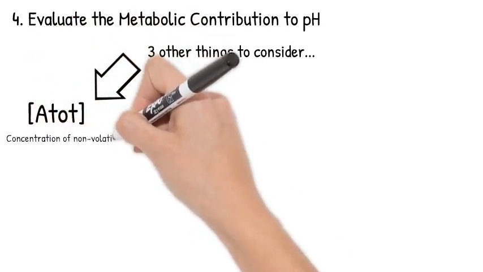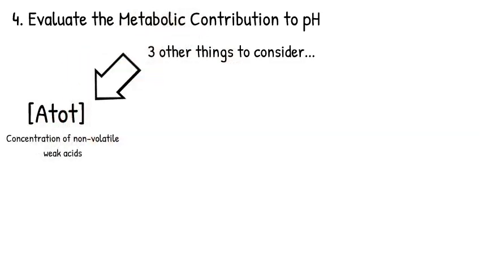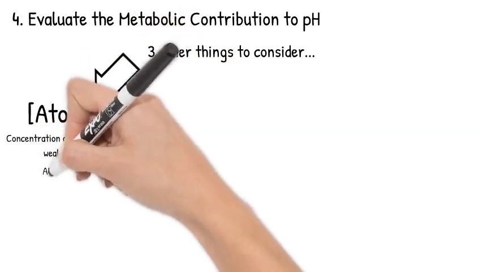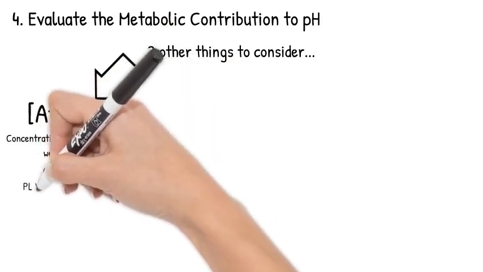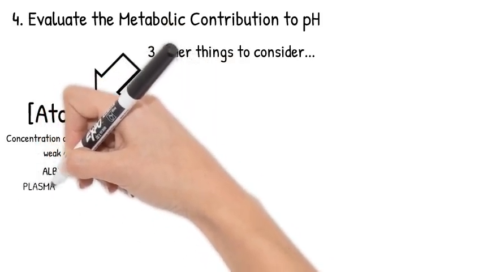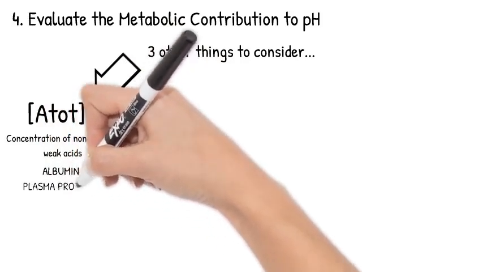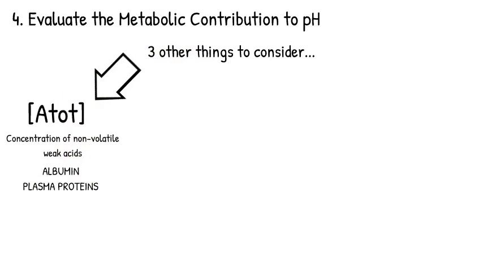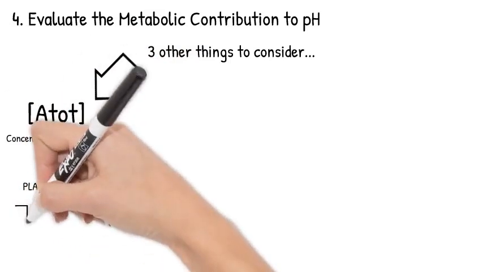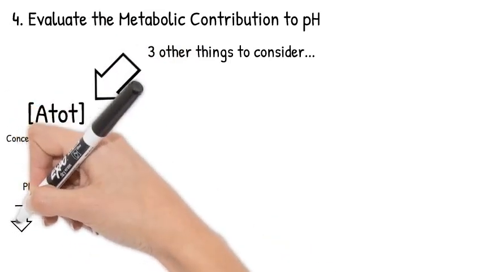And here we're basically looking at albumin and plasma proteins. These substances are actually weak acids. So it stands to reason, if these are acidic substances, if you have less of them, then you are going to be alkalotic because your overall acid amount is less.